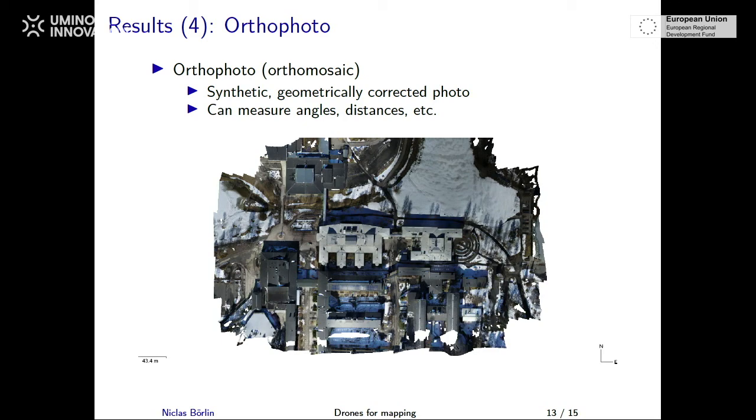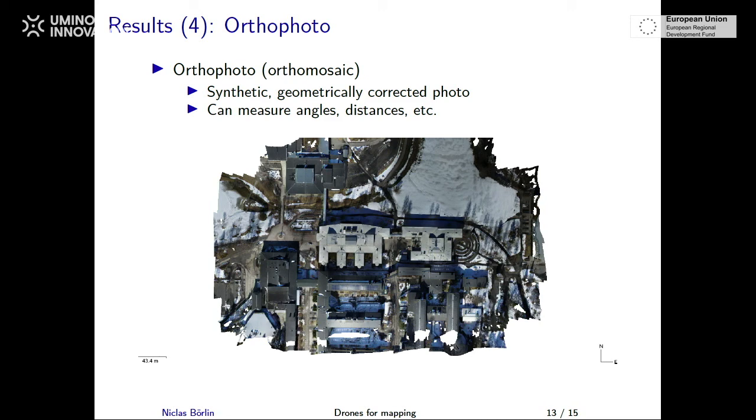So we have a photo that has one very important property. It's geometrically correct. Straight lines are straight. And we can measure distances and angles in this photo, and they correspond to reality.